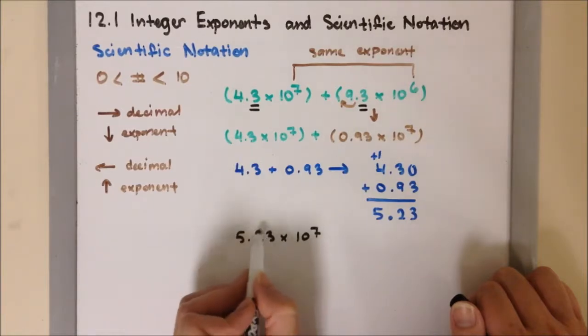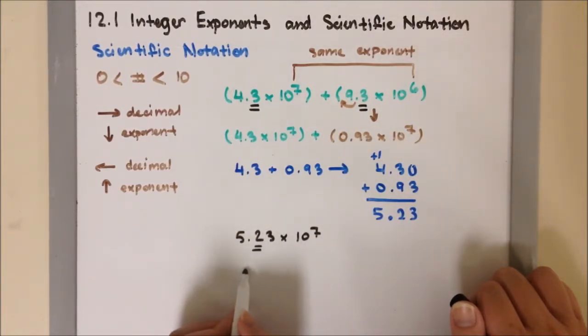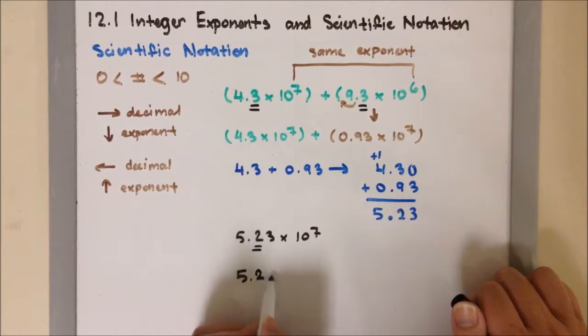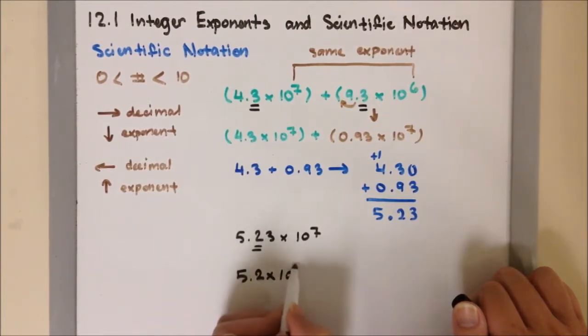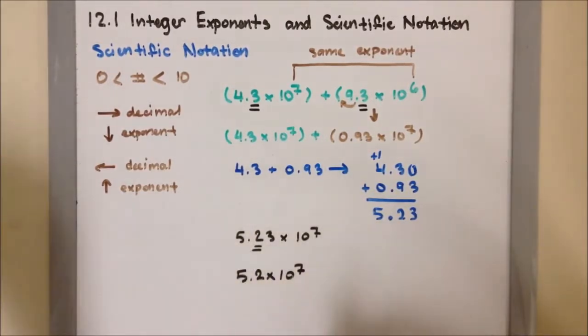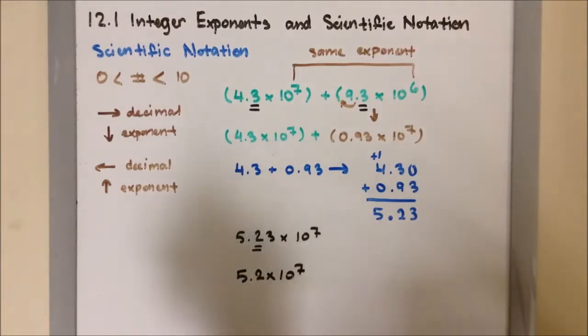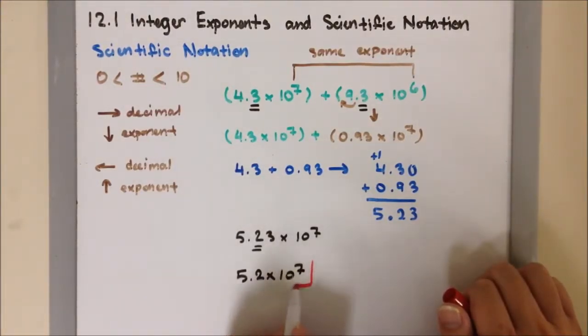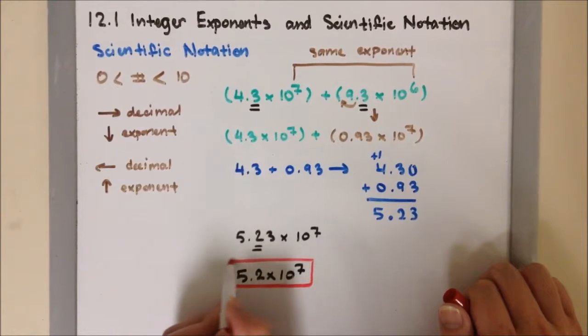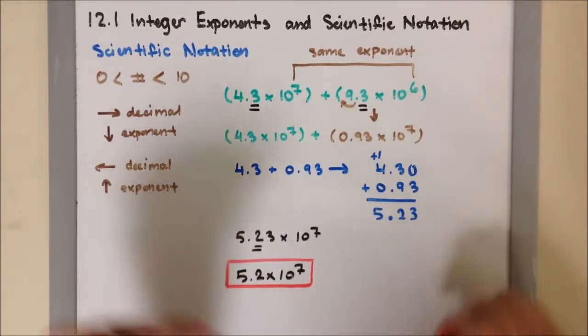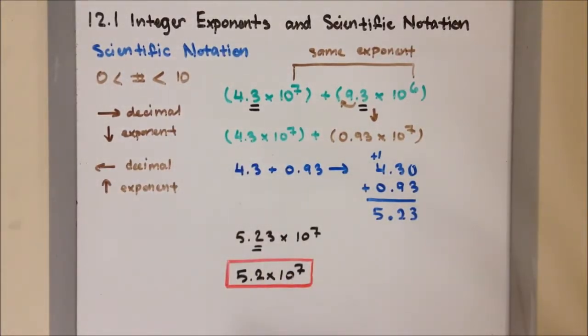It's below 5, so I'm going to round down to 5.2 times 10 to the 7th power. And that will be my final answer. So again, don't forget to round your answer to the least decimal places based on your original problem.